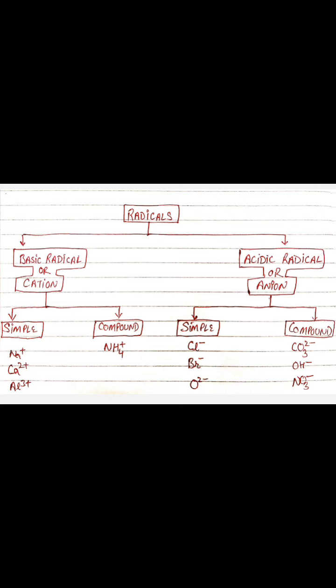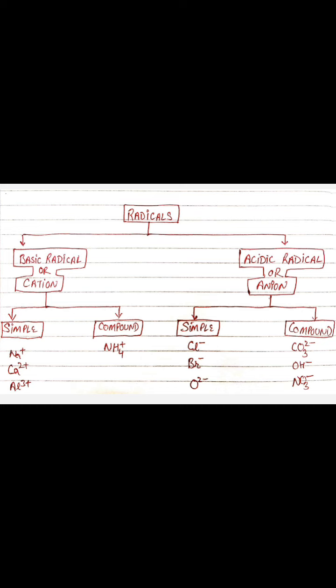If more than one atom is there in a radical, then it is called a compound radical. Simple basic radical examples are Na+, Ca2+, calcium ion, Al3+, aluminium ion or aluminium radical.